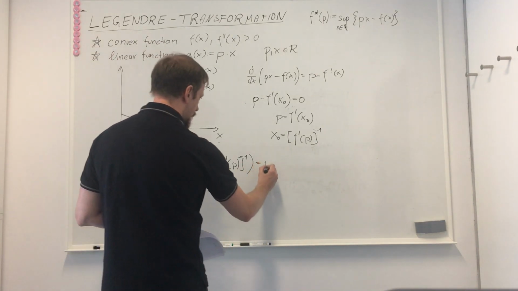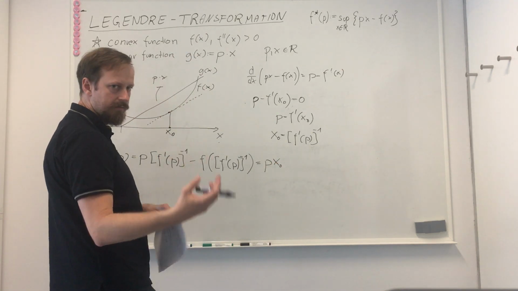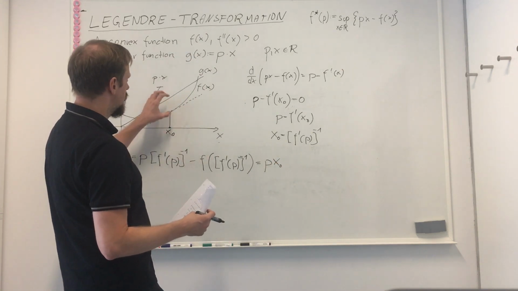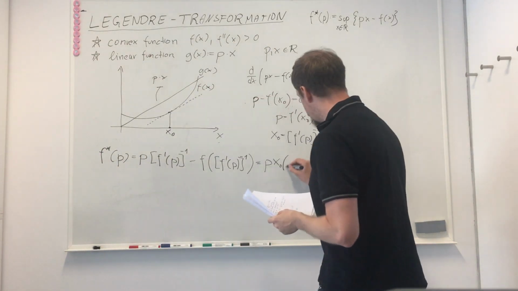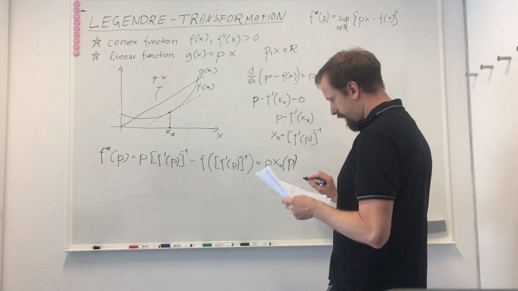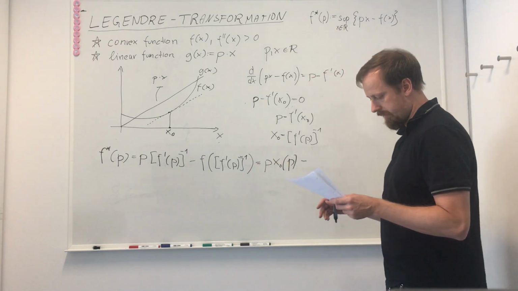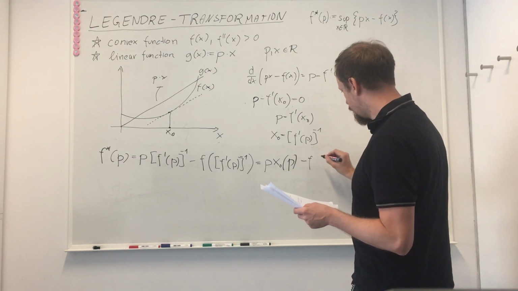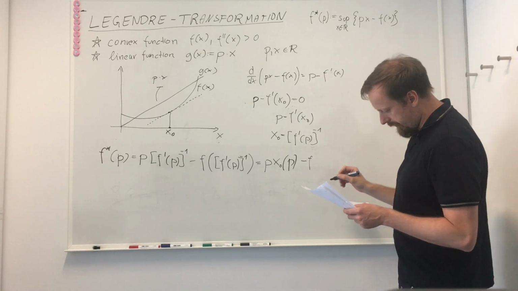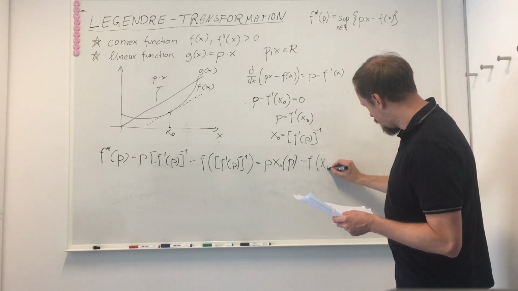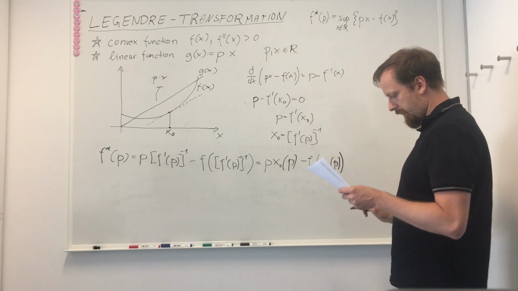Here we have again p times x naught, the x for which the expression becomes maximized, but x naught again is a function of p, because for a given p, x naught varies. Minus the function originally defined, which is convex for all real numbers, also evaluated at x naught, which depends on p.